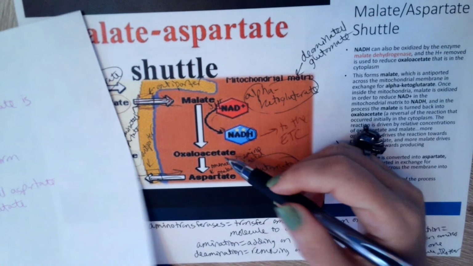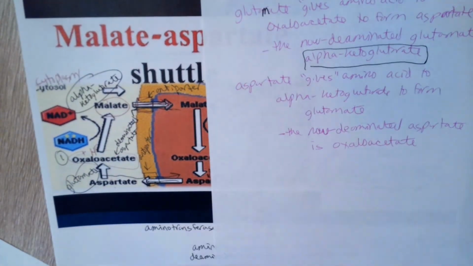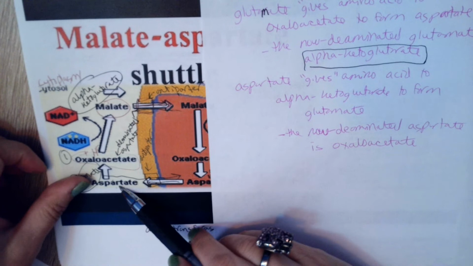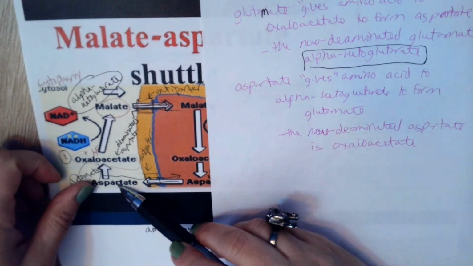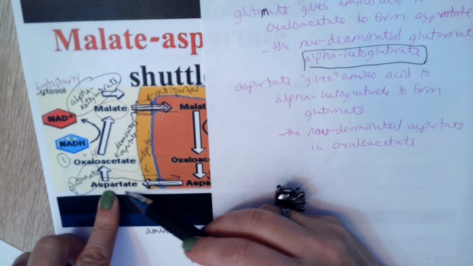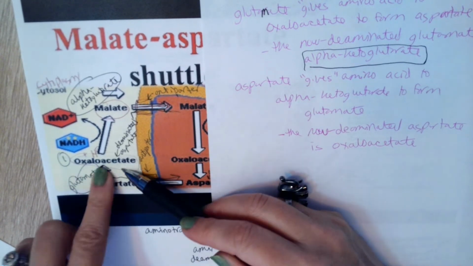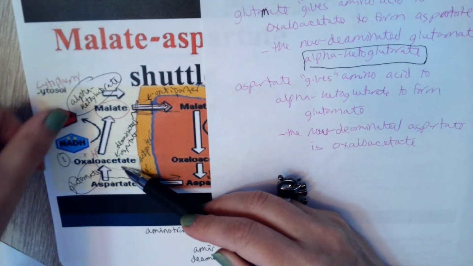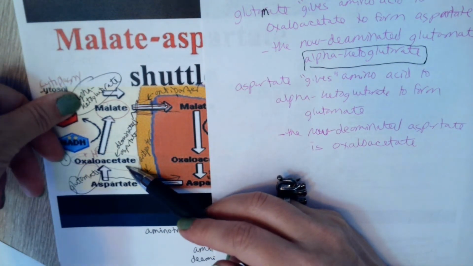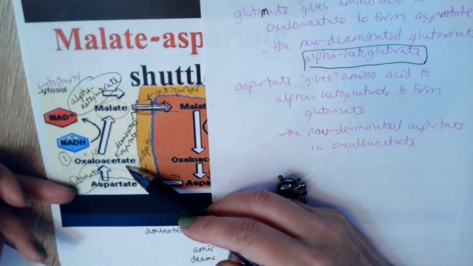Okay. So once we take that amino acid, in the cytoplasm here, off of aspartate, this just leaves us with deaminated aspartate, which is oxaloacetate. So there, that's how we got that. That amino acid, though, went to the alpha-ketoglutarate, and it reformed glutamate.